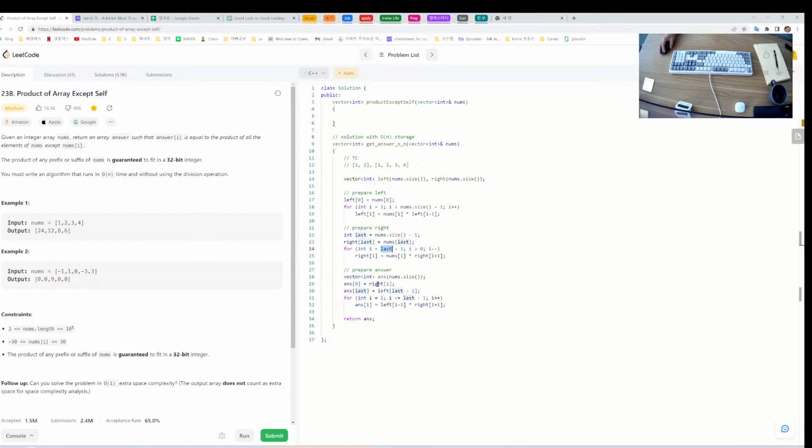So here right 1 is 2, and ans[0] is right 1, which is 2, and ans[1] is left 0, which is 1. The loop from 1 to this is 0, so this will be skipped, so we will have the right answer.